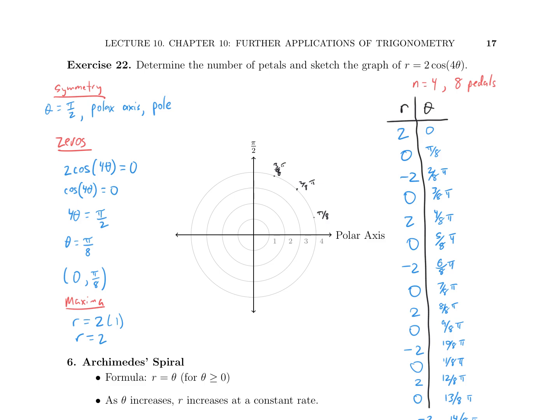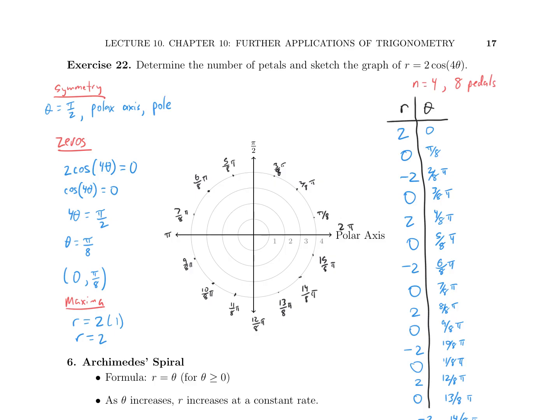That's this one, pi over 2. 5/8 pi is going to be over here somewhere. 6/8 pi is this one. 7/8 pi. 8/8 pi is pi. 9/8 pi, 10/8 pi, 11/8 pi, 12/8 pi, 13/8 pi, 14/8 pi, 15/8 pi, and finally 16/8 pi, which is 2 pi.